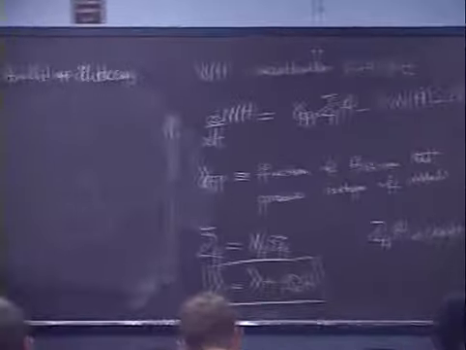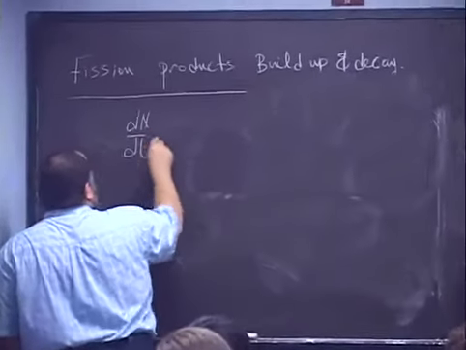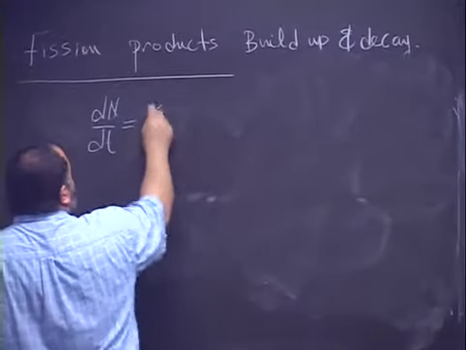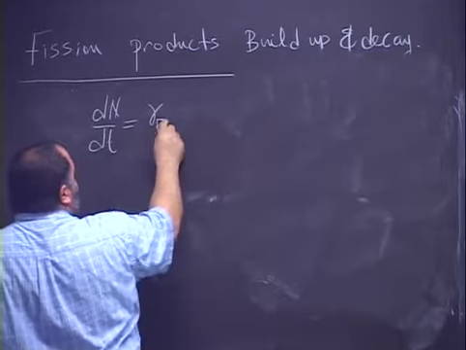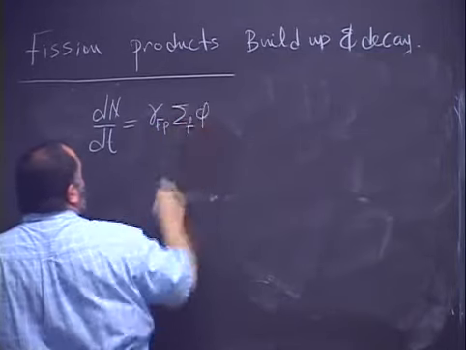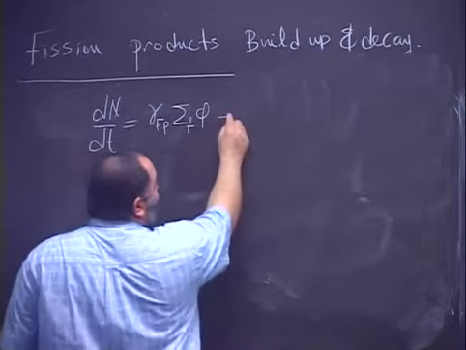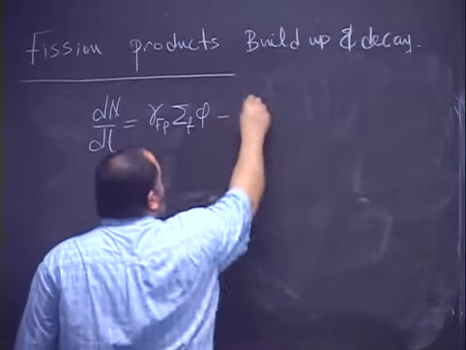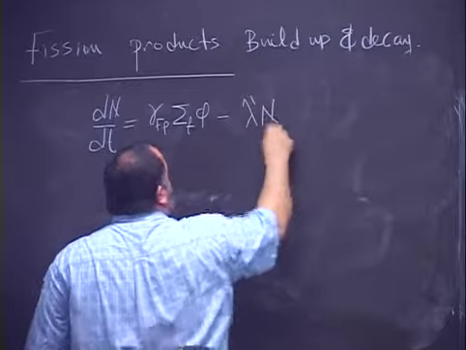So dN by dt equals gamma FB multiplied by sigma fission phi minus lambda prime multiplied by n.